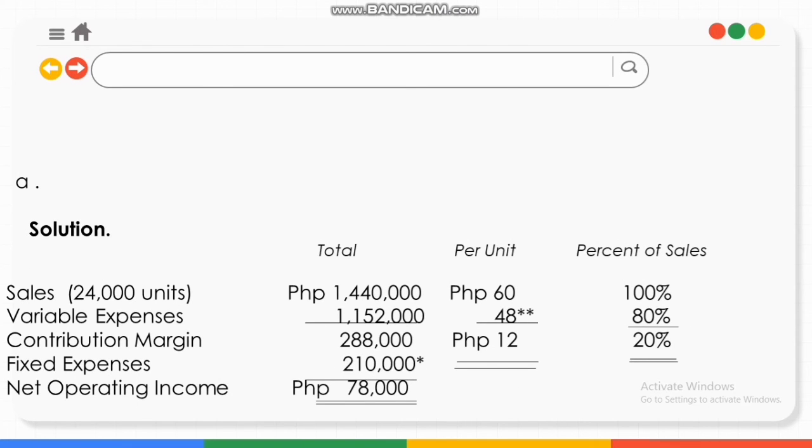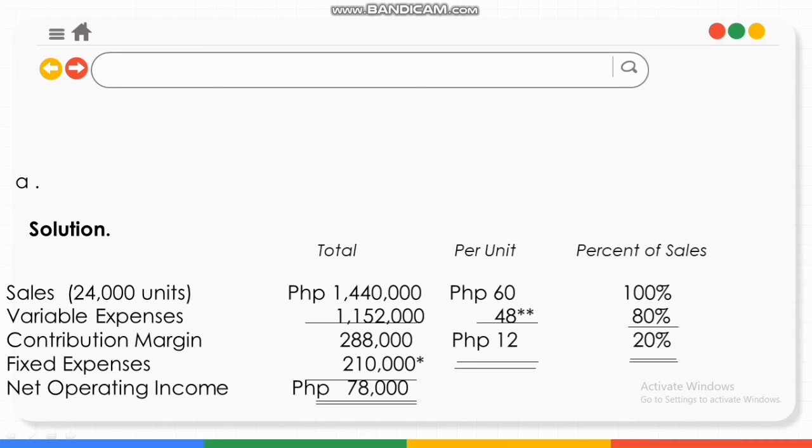So a 20% increase in sales would result in 24,000 units being sold next year. 20,000 times 1.20. Kaya nakuha yung 24,000 units. So, yung total sales ay magiging 1,440,000.